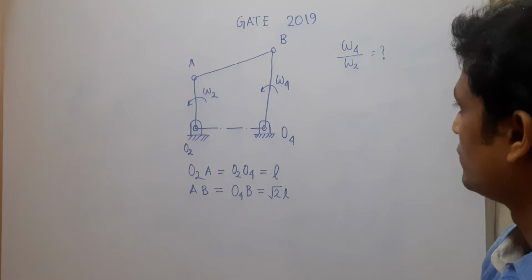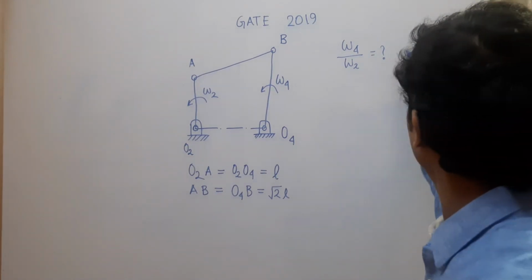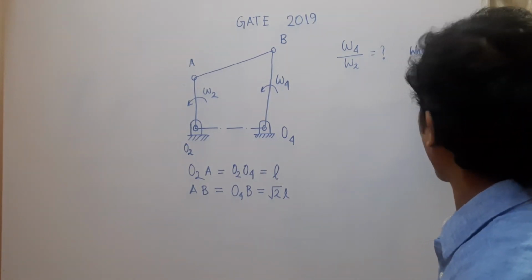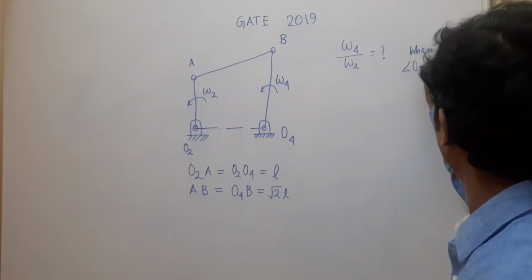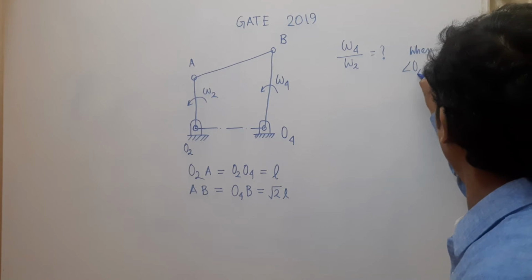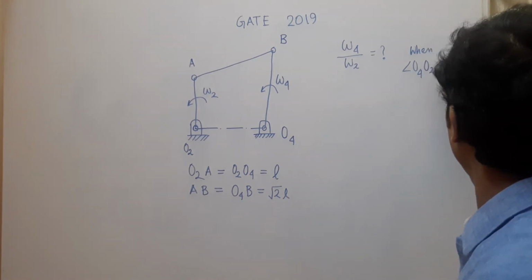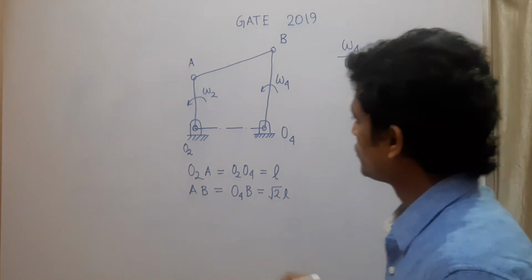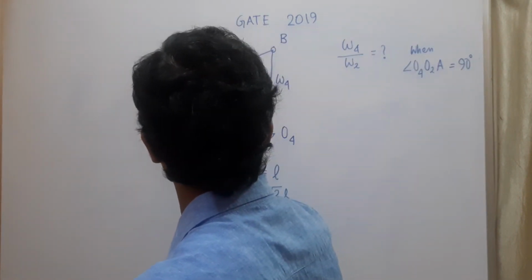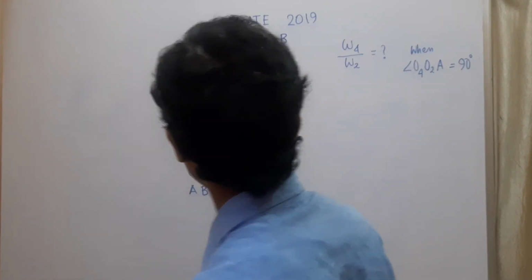What is the ratio when angle O4 O2 A is equal to 90 degree? So the crank angle is 90 degree. This is given.